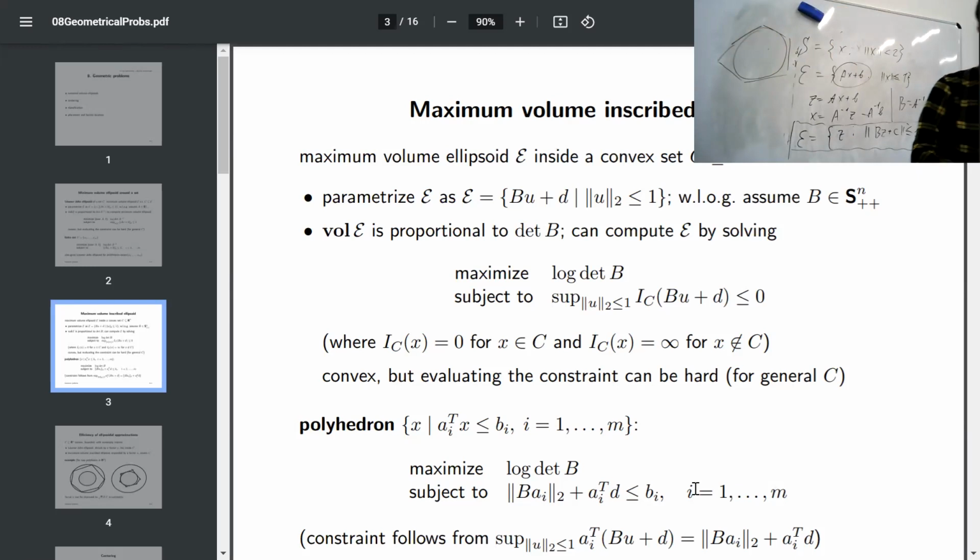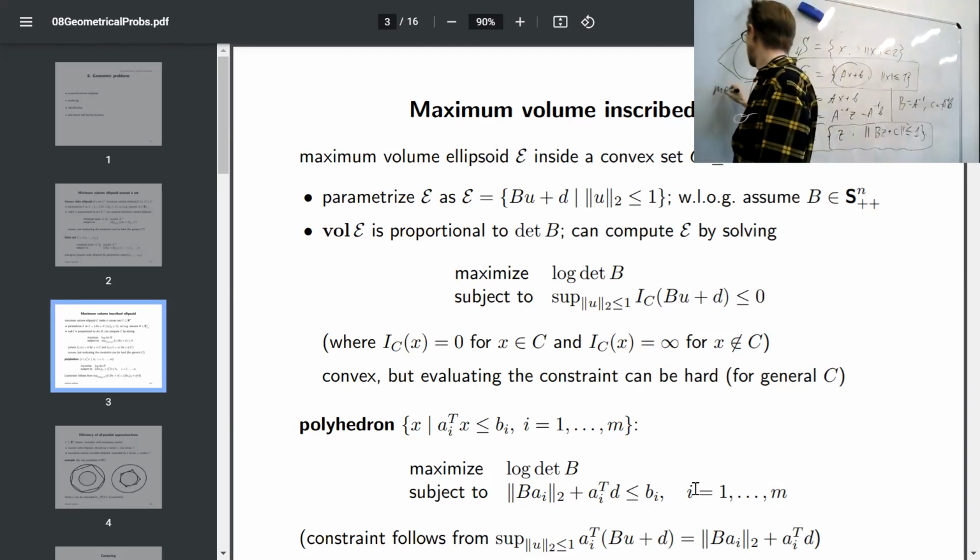Well, first of all, it turns out this time this representation is better. Why we will see in a bit, but maximum volume ellipsoid. In this case, basically means that we want to maximize A, right? So it will be max A, max.